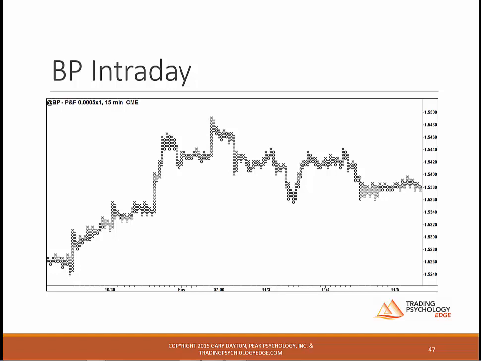Any reason why counts work, or is it just empirical? I think it works because it's related to the amount of accumulation that goes on in a chart, or distribution if we're on the top of a chart, on the top of a trend.